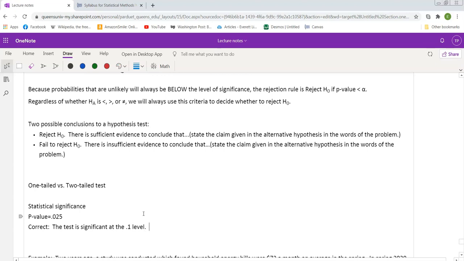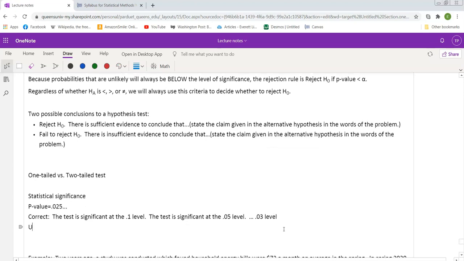It's also correct to say that the test is significant at the 0.05 level. It's also correct to say it's significant at the 0.03 level. And at the 0.025000001. All of those things are correct.